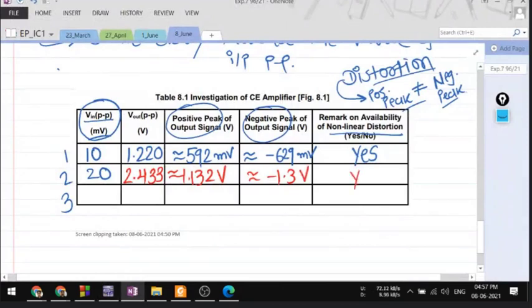So yes, distortion is there. Why is distortion there? Because the positive peak and negative peak are not equal. Fine. Okay, student, so let us take the next reading.